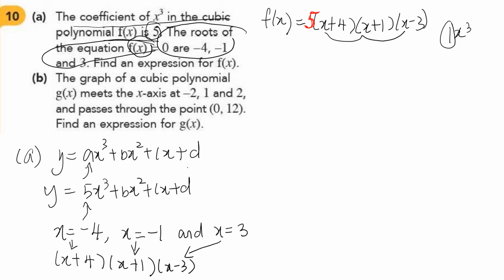Because like what I've shown you, if you take x times x times x, it gives you x cubed. Then x cubed times 5 will give you 5x cubed. And that will satisfy what they want because they want your coefficient of x cubed to be 5, right? Then we just give it to them. See here, 5 ready. So the answer is, let's write it properly.